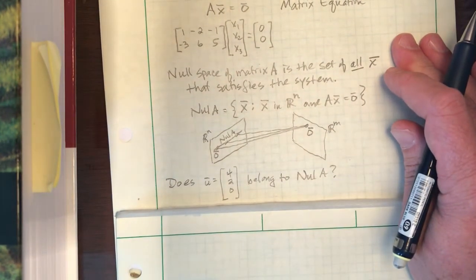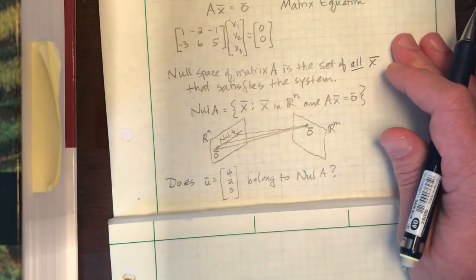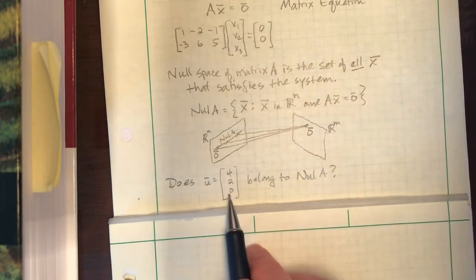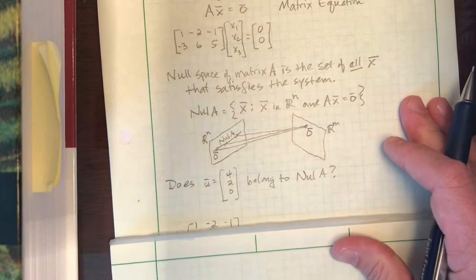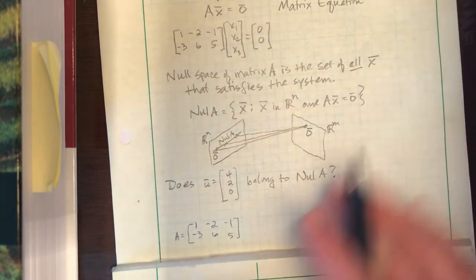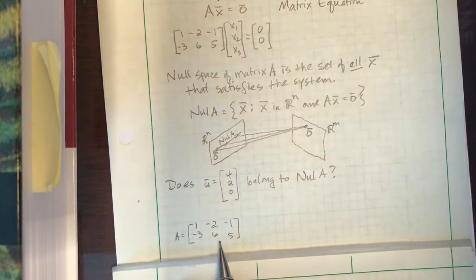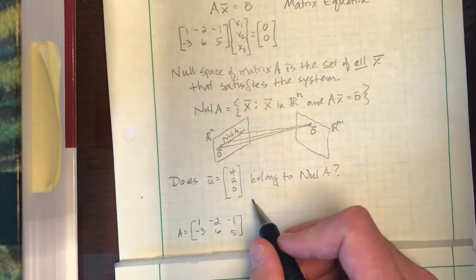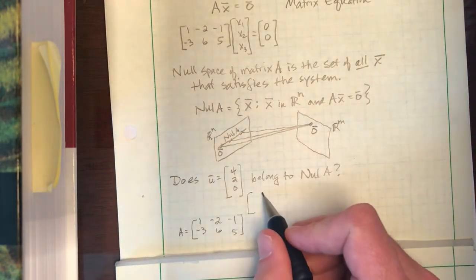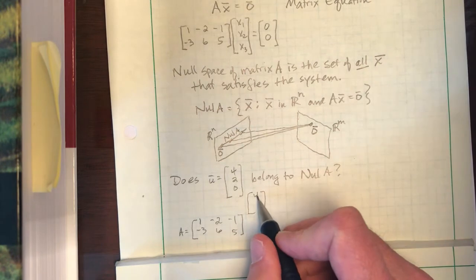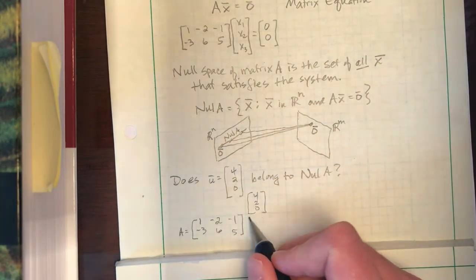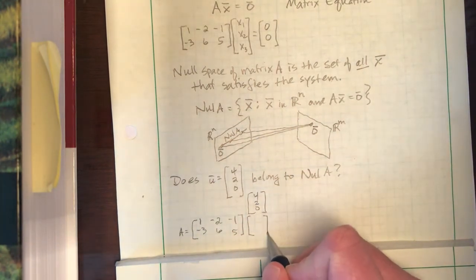So let's go back to that original matrix at the top of the page. And I'm going to check something. Does this vector belong to the null space? Well, let's try it. Here's the original matrix A, and I'm going to multiply it times 4, 2, 0, the way we're used to multiplying.